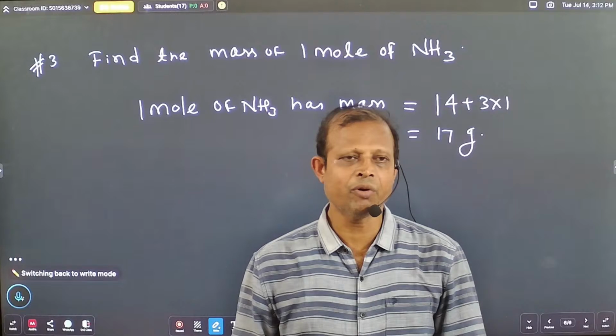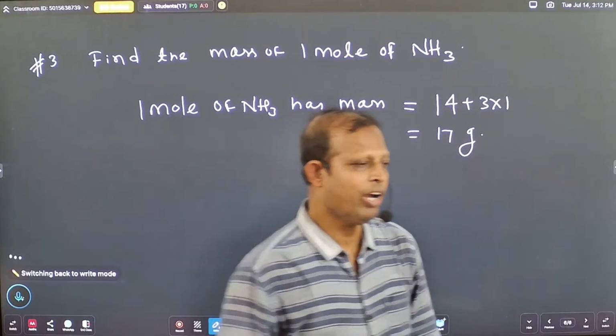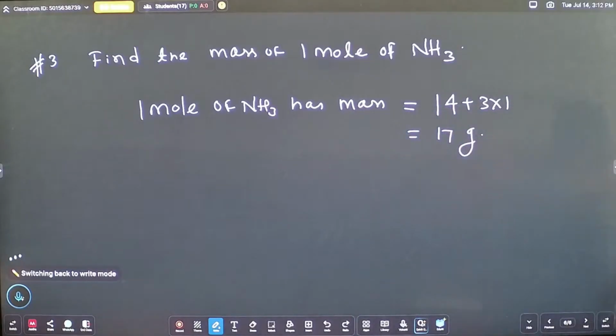Find the number of moles present in 3.6 gram of water.